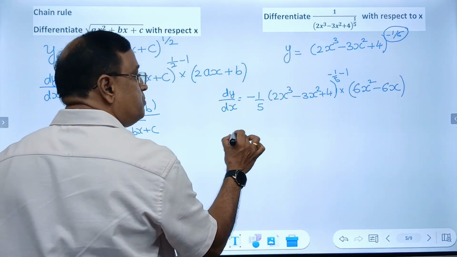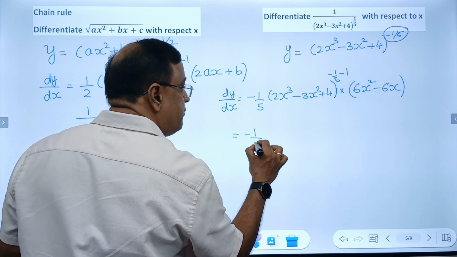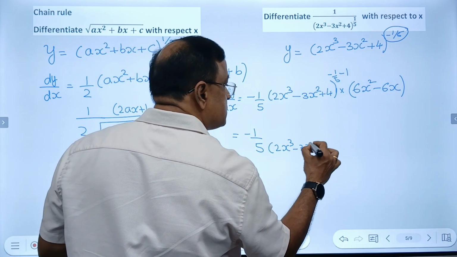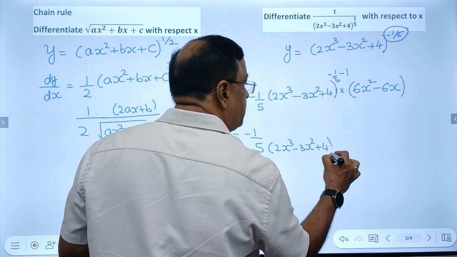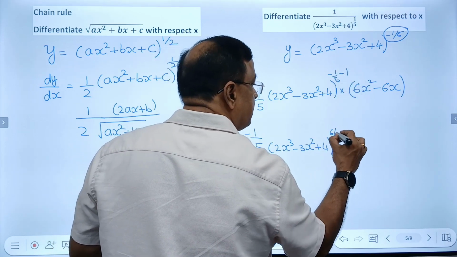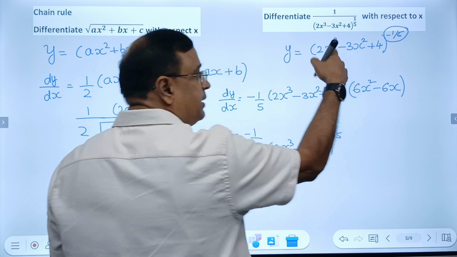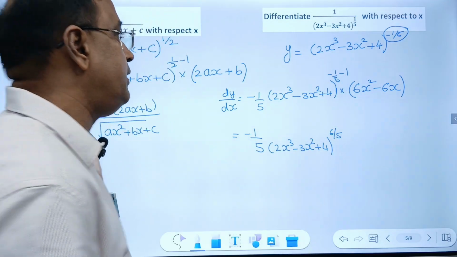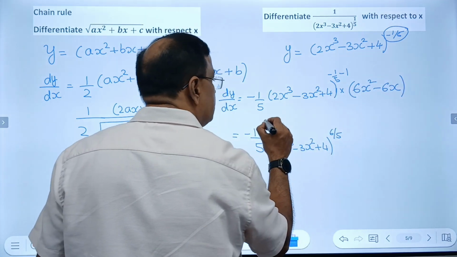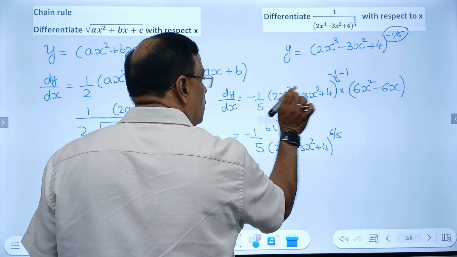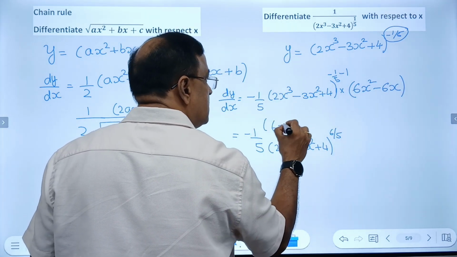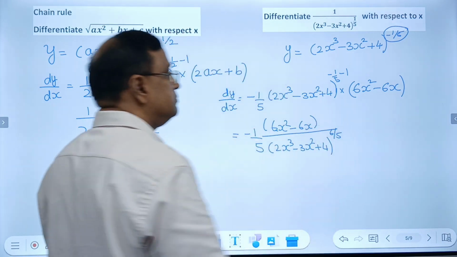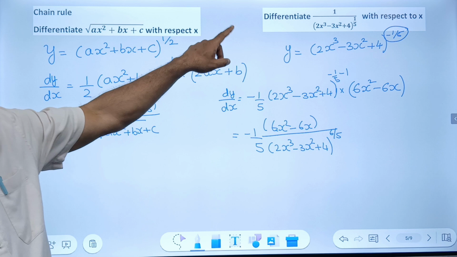So the answer can be written as 1 by 5 into 2x cube minus 3x square plus 4, the whole power 6 by 5. If you want to keep it as minus 6 by 5, no issue. Otherwise you can write it as 1 by the power 6 by 5. And here, if you want, you can simplify, 6 is common, or you can just write it as it is: 6x square minus 6x. This is the differentiation of that term.